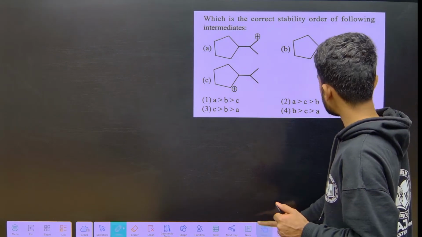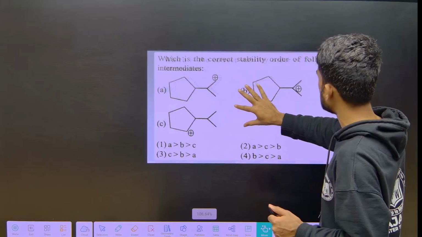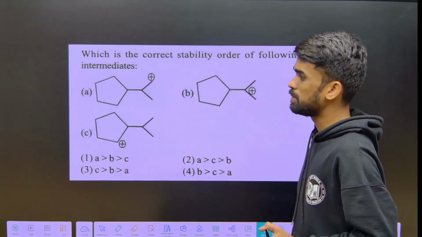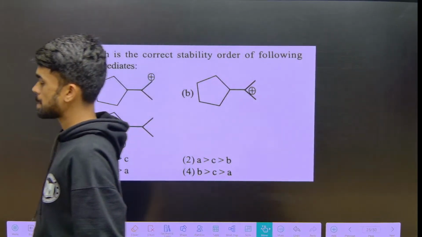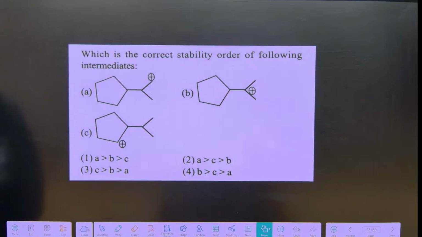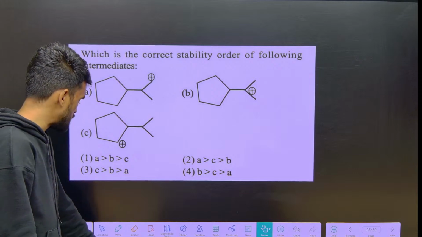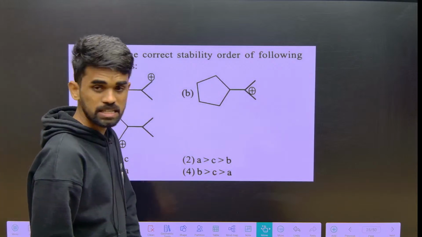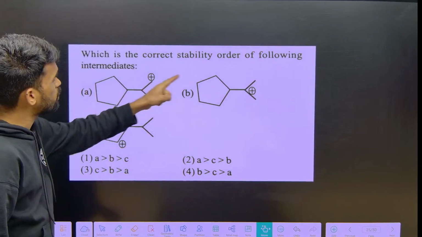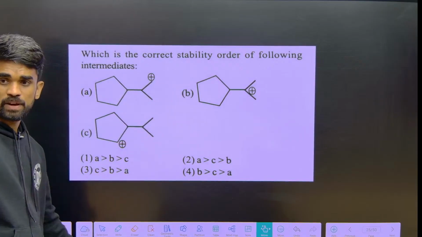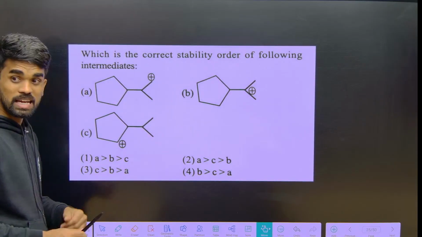So this I hope you can easily answer. Tell me, carbocation stability order. This is the last question of the session. Remaining we will see in the next class. Tell me fast, what type of carbocations are these? First, identify them, like the classification we have.